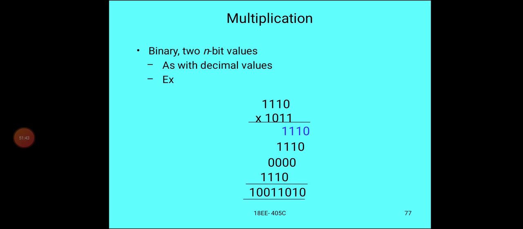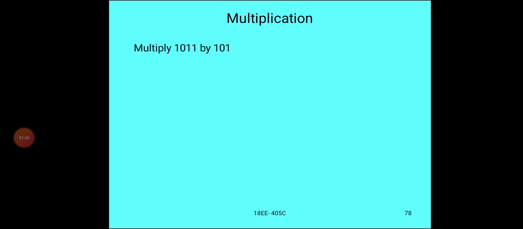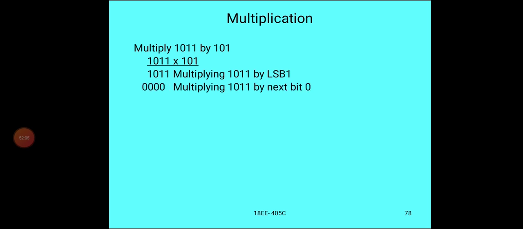Adding all the numbers will get 11010. Multiply 1011 by 101. Multiplying 1011 by the LSB 1 will get 1011. Multiplying by the next bit 0 gives all zeros.